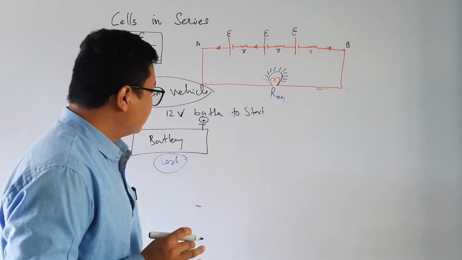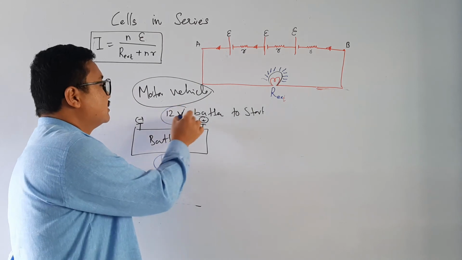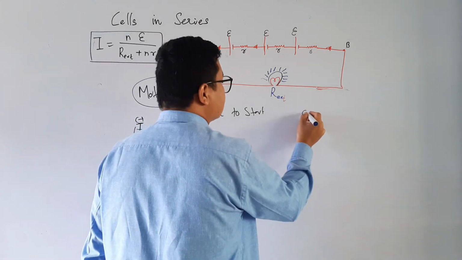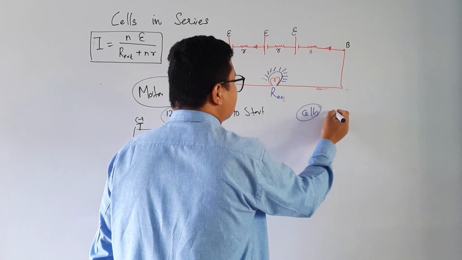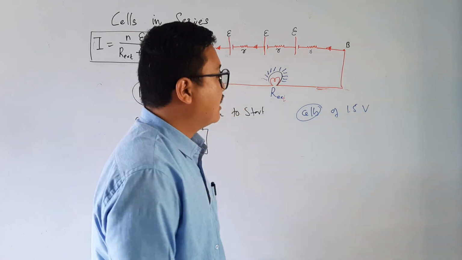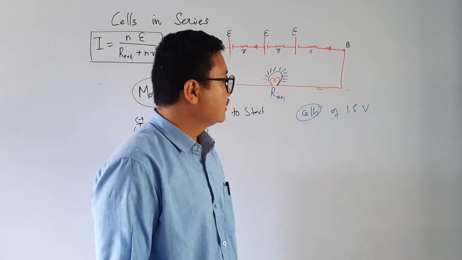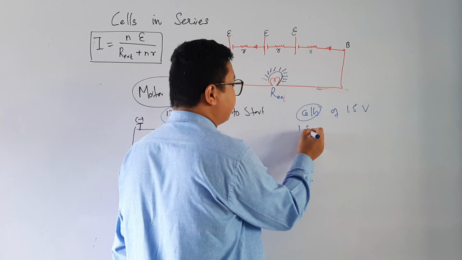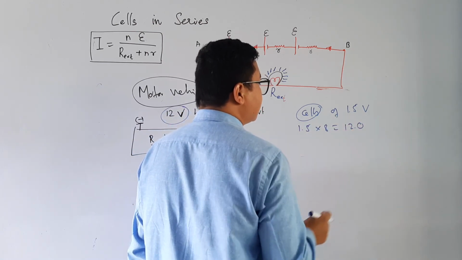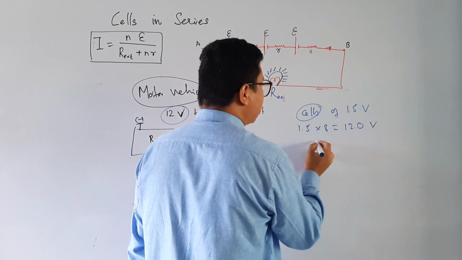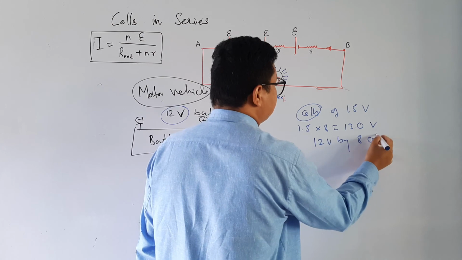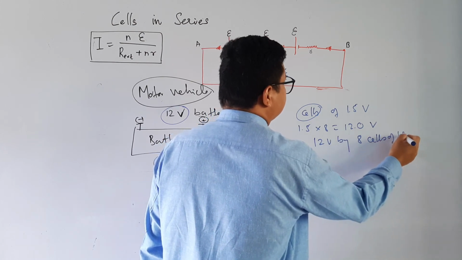Then we thought, let us make a 12-volt battery by combining cells. Let us take cells of 1.5 volt. How many cells will make 12 volt? If I multiply 1.5 into 8, it will give 12.0. So I will get 12 volt from 8 cells of 1.5 volt.